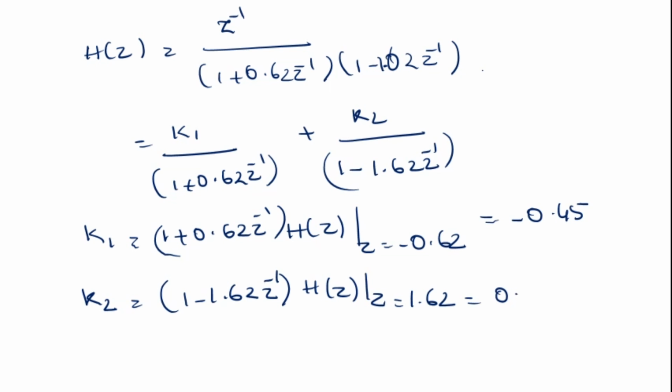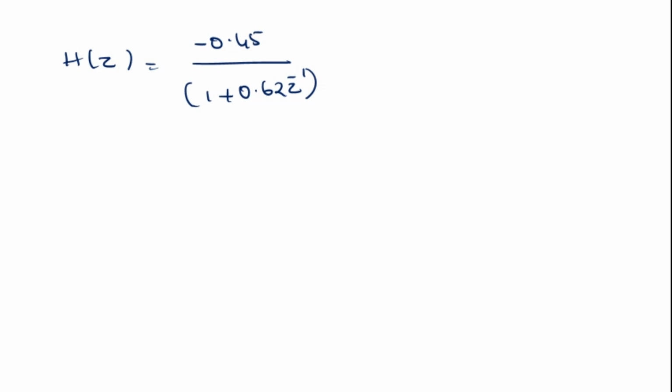We get 0.45. Then h of z is equal to minus 0.45 divided by 1 plus 0.62 z inverse plus 0.45 divided by 1 minus 1.62 z inverse.